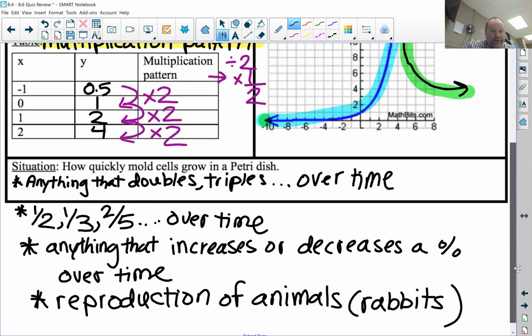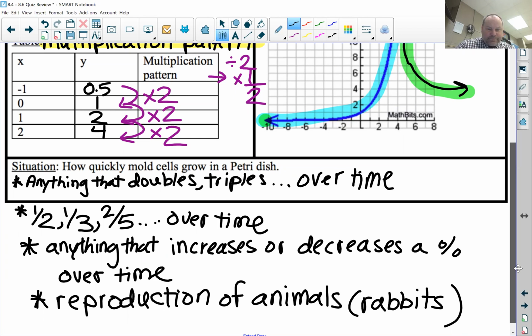A situation that might model exponential growth or exponential decay: if something doubles, like a lot of times you'll hear about population doubling or tripling, quadrupling over a set amount of time, that would be exponential growth. It could also be that you get a half or a third or 2/5 over time.